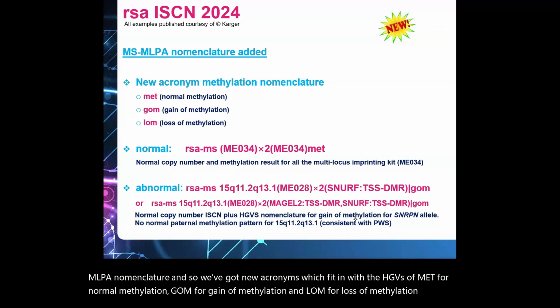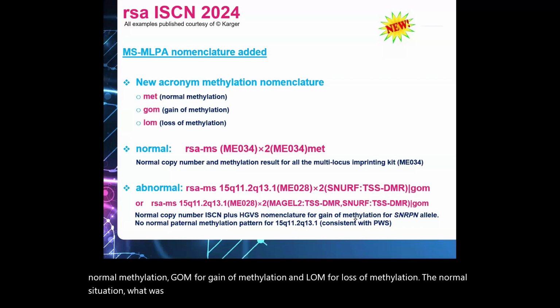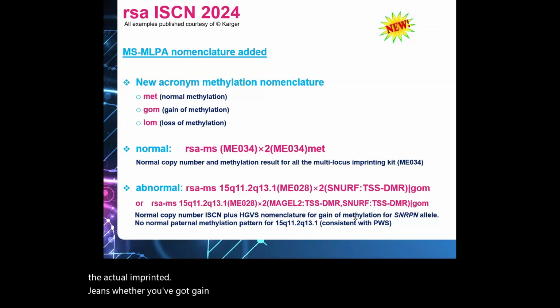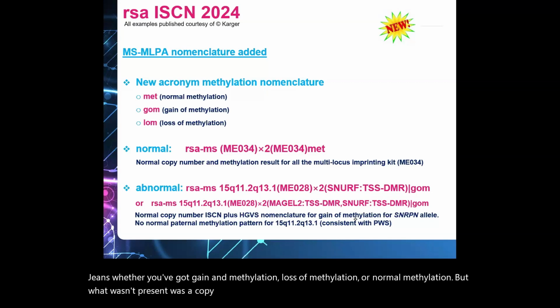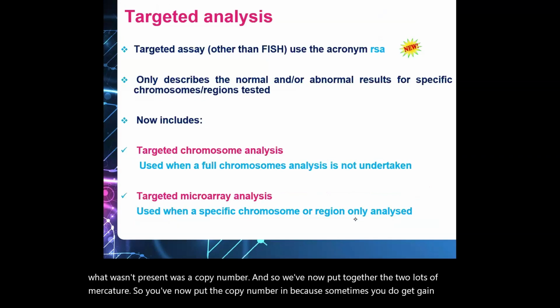What was happening was we've used the nomenclature that is published to deal with the actual imprinted genes, whether you've got gain of methylation, loss of methylation, or normal methylation, but what wasn't present was the copy number. And so we've now put together the two lots of nomenclature, so you've now put the copy number in, because sometimes you do get gain as well as loss.